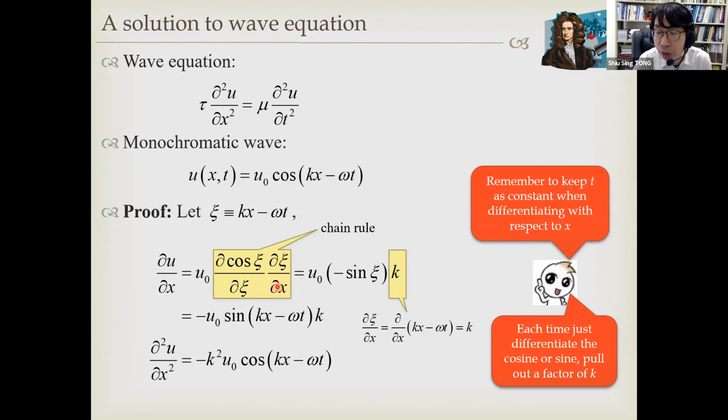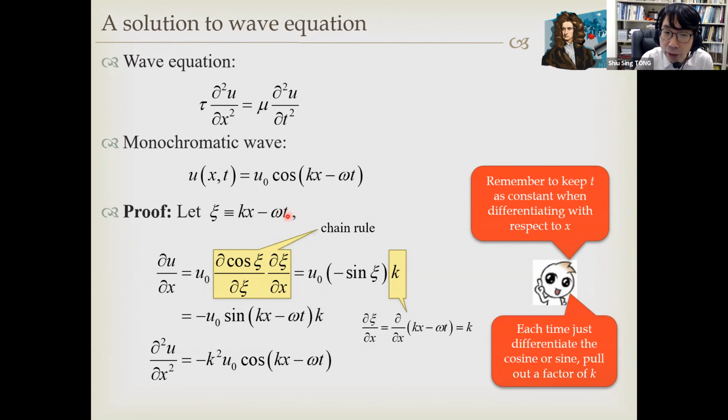But now we apply this chain rule to the partial derivative. And C is just by definition this guy. So the partial of cosine C with respect to C is just minus sine C, right? And the partial of C with respect to x is just the derivative of this quantity with respect to x. But as I said, when I do the partial derivative with respect to x, the time t is regarded as a constant.